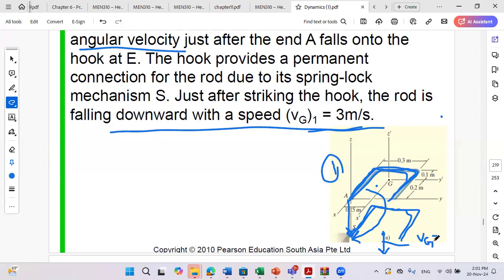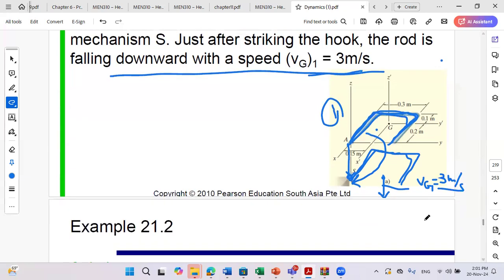So they gave us the velocity of point G just when point A reached point E.